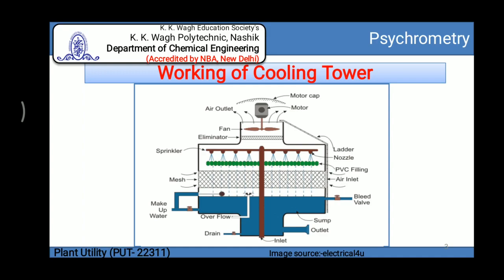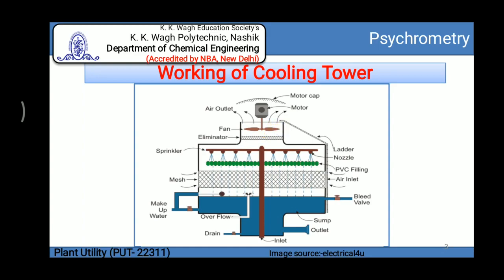After the hot water and air come in contact, evaporative cooling takes place, which results in a decrease in temperature of water and an increase in temperature of air. The cool water is collected from the bottom of this cooling tower in the sump, and the warm air rises and moves out from the top of this cooling tower.